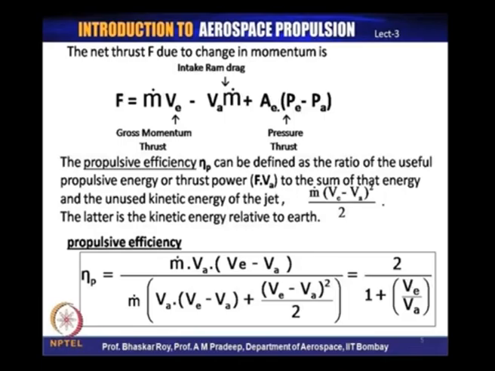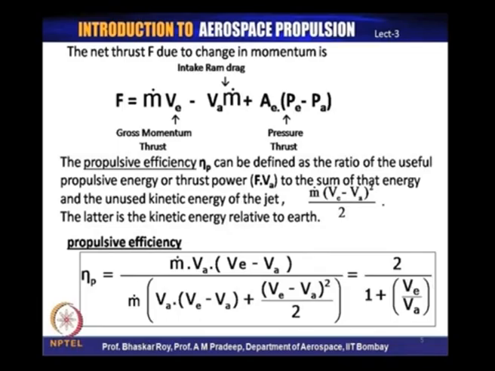Now, this pressure thrust normally comes into existence when the net pressure at the exit phase is not equal to the atmospheric pressure. Now, from this equation, it would seem that this is some kind of an additional thrust that is coming into picture.